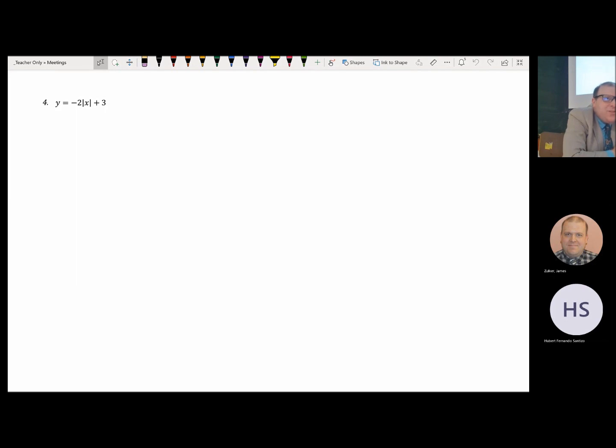So that negative scalar multiple is telling us we have a reflection. The -2 is telling us that. More specifically, the negative sign. The 2 is going to tell us something different. The fact that it's negative is telling me I'm going to have a reflection.